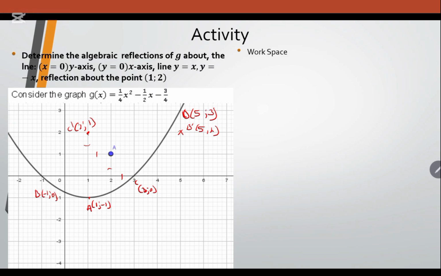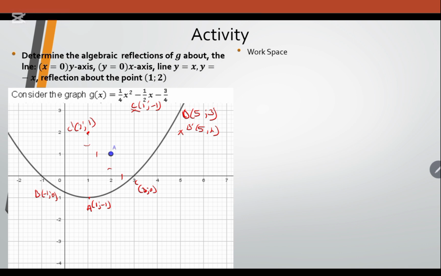The image of A has moved 2 units up and 1 to the right. So the image will be here, which is 1 and -1.